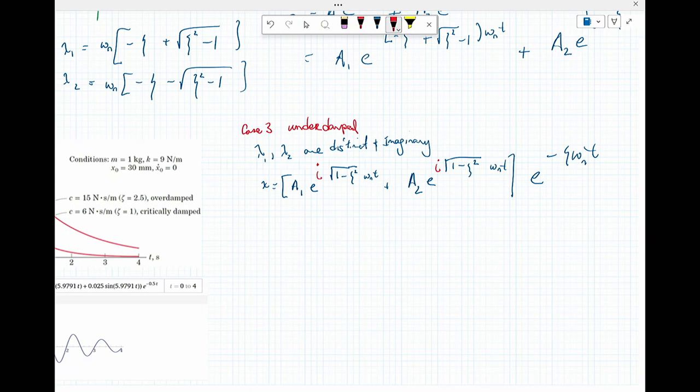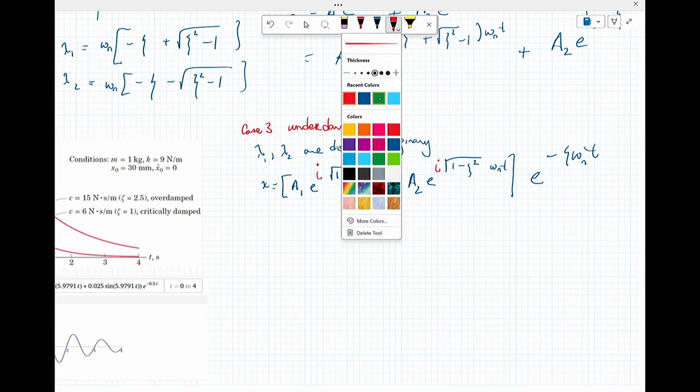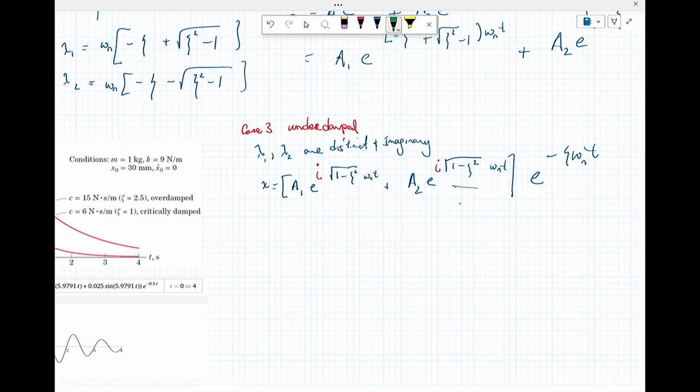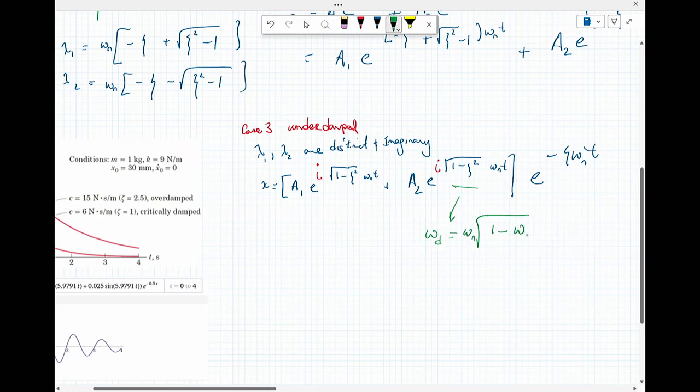What I'm going to do is define that term right here as omega d, which equals omega n times square root of 1 minus zeta squared. So zeta is less than 1, by the way.